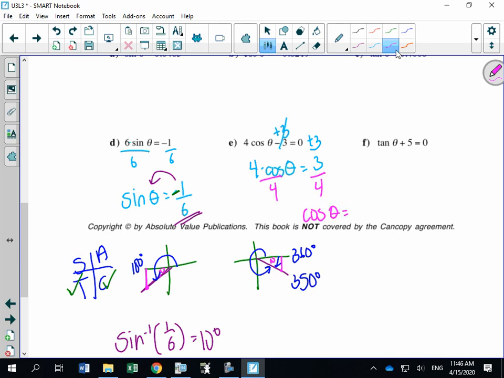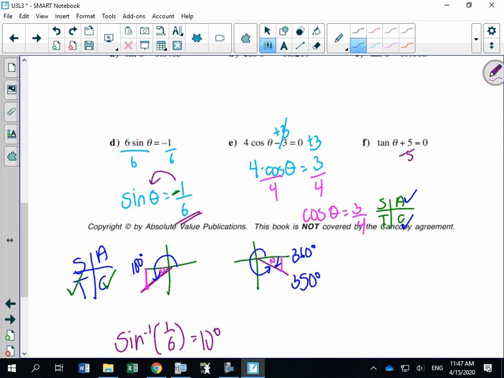Cos of theta is equal to 3 over 4. Just to quickly double check, where is cos positive? Everything's positive there, and there's cos's quadrant. So my two solutions would be in quadrants 1 and 4. Find your reference angle and see if you get those two solutions.